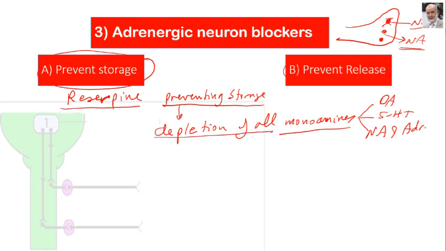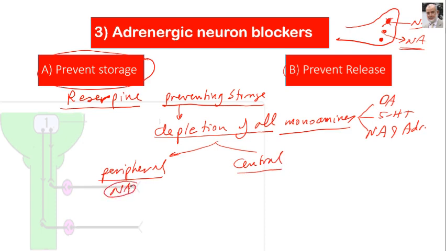stores of monoamines. This will have peripheral effect and central effect. Because reserpine is highly lipid soluble, it can penetrate the brain very fast. So peripheral effect by depletion of noradrenaline from the adrenergic nerve terminal produces decreased sympathetic activity.